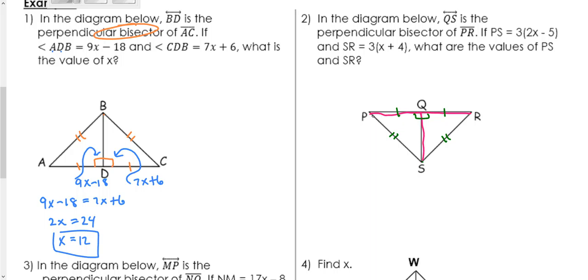We know that segment PS is 3 times 2x minus 5. And we know that segment SR is 3 times x plus 4. And I know, because I've already labeled it, that those segments are congruent, which then means I can set those segments equal to each other. Okay, and then I just need to distribute.